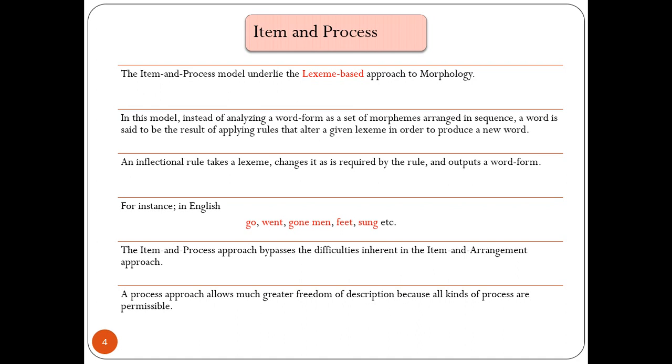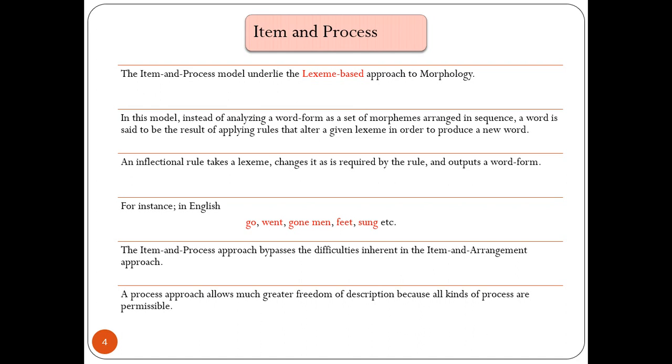The earlier IA was a morpheme based approach to the morphology of the language, but IP is a lexeme based approach, and we consider that the lexeme has internal modification.